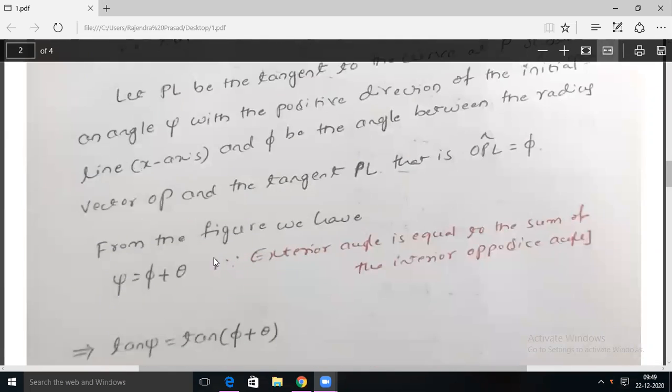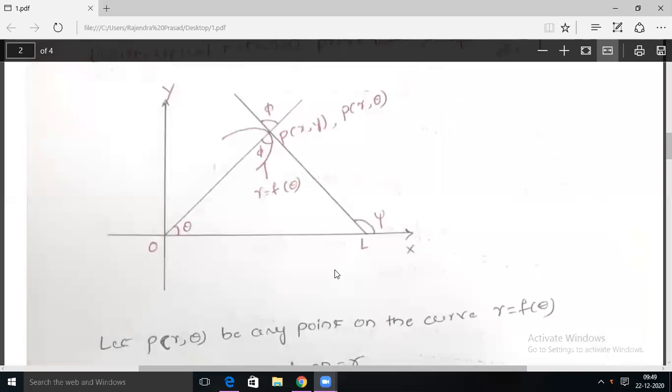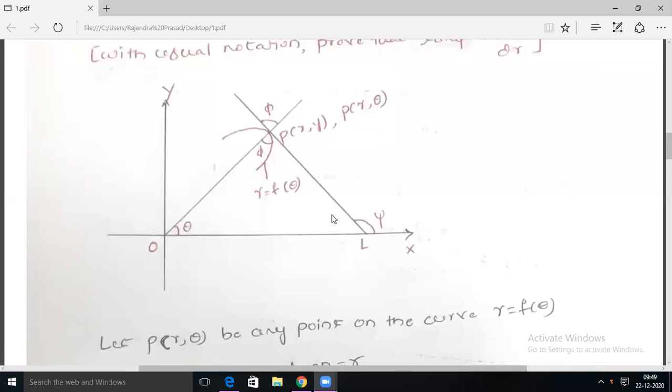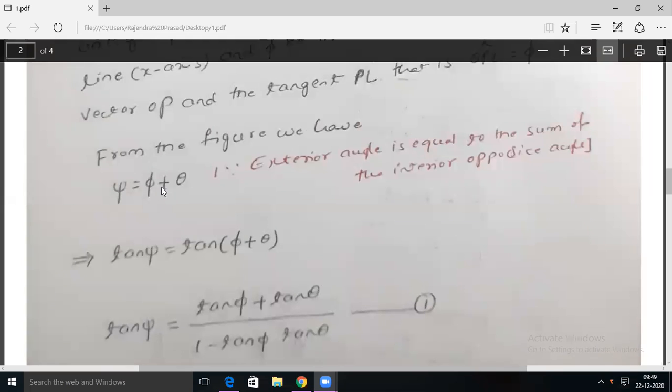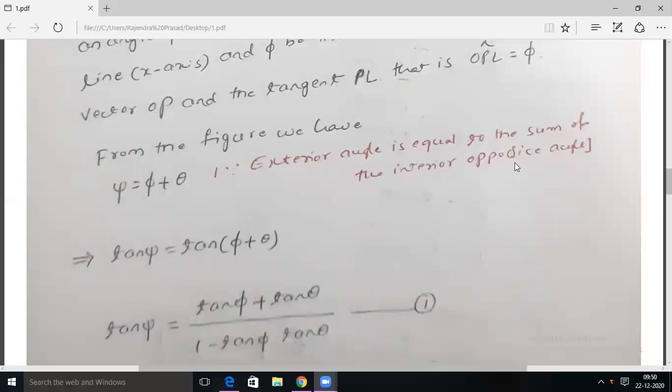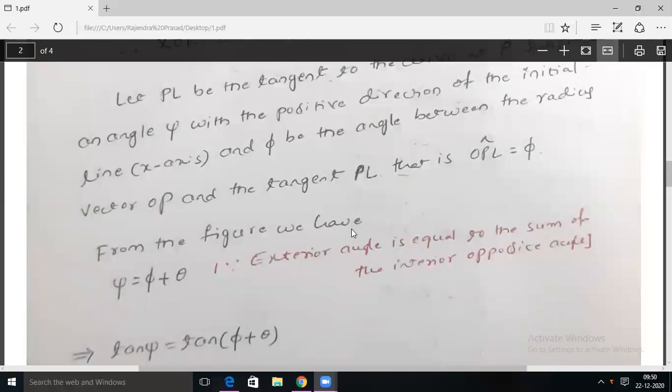So next, from the figure we have psi is equal to phi plus theta. Here psi is equal to phi plus theta. Why can we write psi is equal to phi plus theta? From the figure, because the exterior angle is equal to the sum of the interior opposite angles.